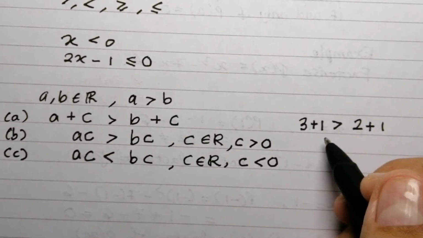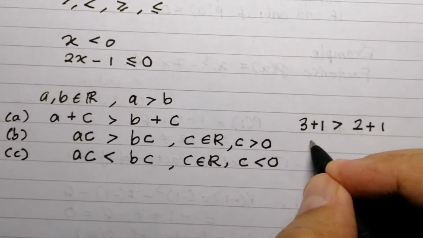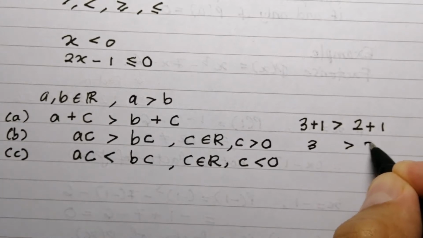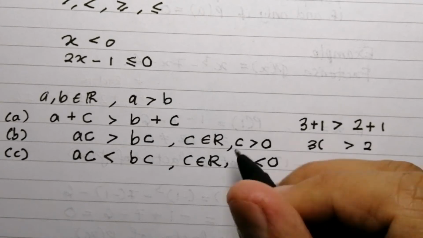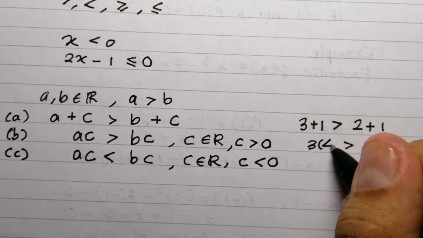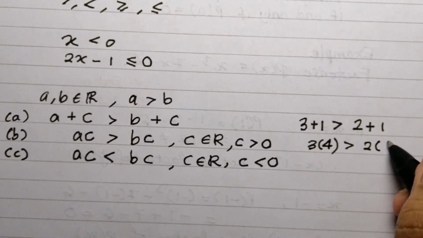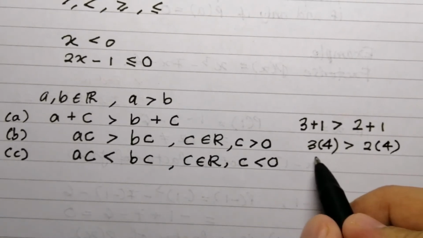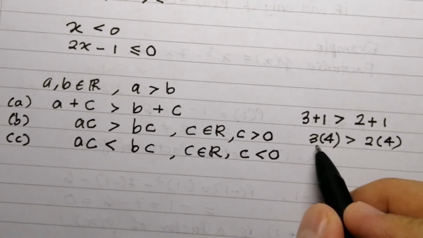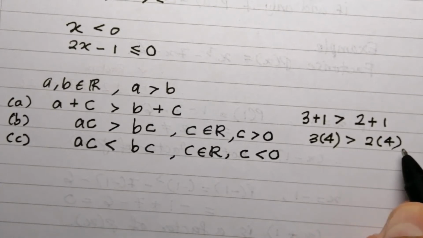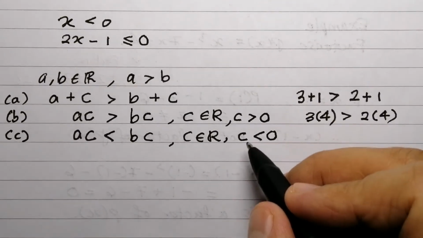The same for multiplication using the same number. 3 is more than 2, and when we multiply by, for example, c equals 4, 3 times 4 is also more than 2 times 4. Multiply on both sides, so we have the same inequality, more than.